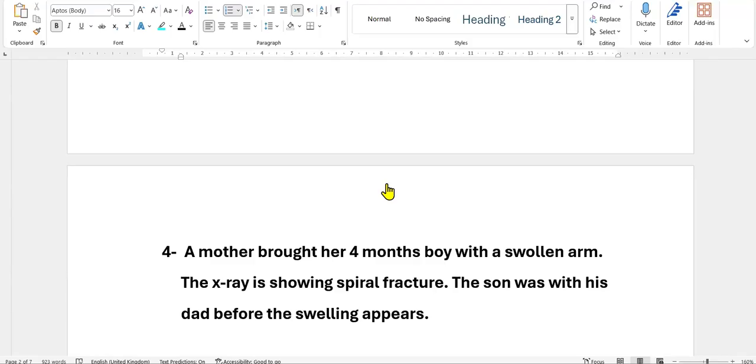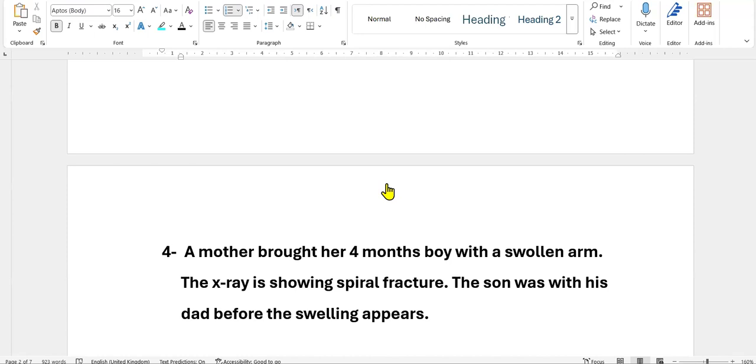And because this fracture is unusual, we will involve the safeguarding team. And don't try to tell her, we will admit your child against your will and these things. No. Don't go into points that will make you get stuck.